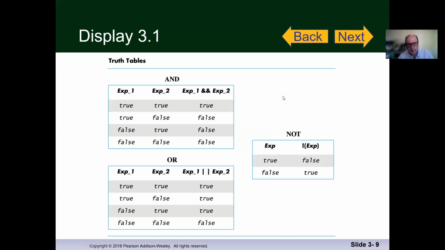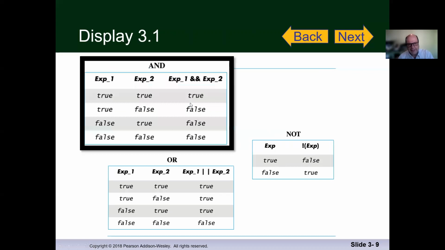When we're talking about the truth table, let's start with and. If I am using an and, that means both conditions have to be true for the whole thing to be true. You can see here that the only time this whole expression can be true is when both of them are true. If one of them is true and the other is false, the whole thing becomes false.